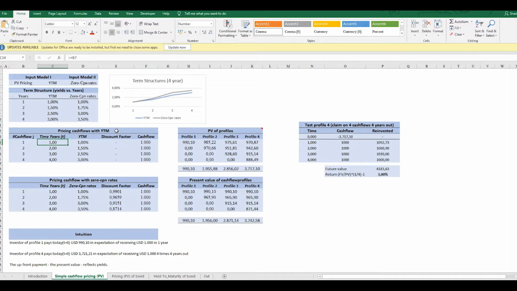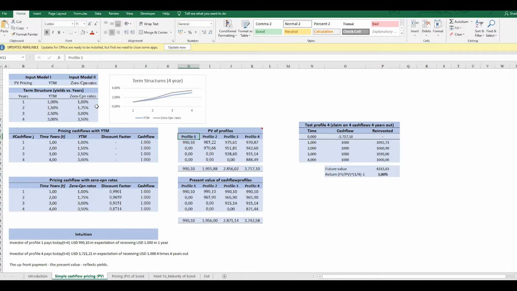I have the years, that is the X on the graph, and I have the yield to maturity, that's the Y on the graph. For each time period 1, 2, 3, 4, there is a cash flow. It could be dollars, it could be euros, it could be yen. And over here I assume that we have 4 different investors for 4 different cash flow profiles.